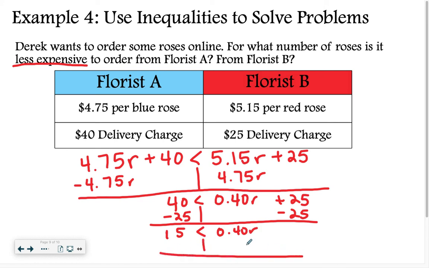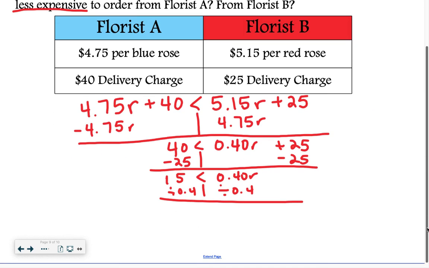I end by dividing by 0.4. So then if I keep going from there, 15 divided by 0.4 is 37.5 is less than R.